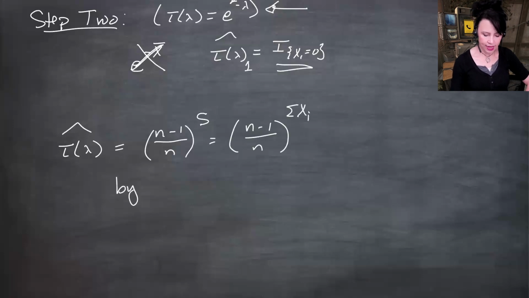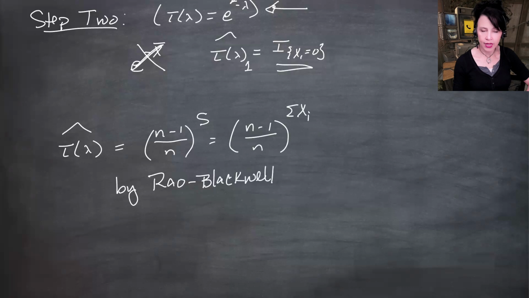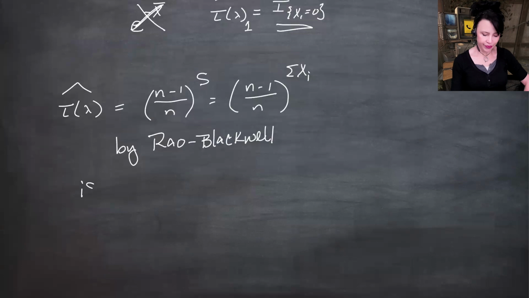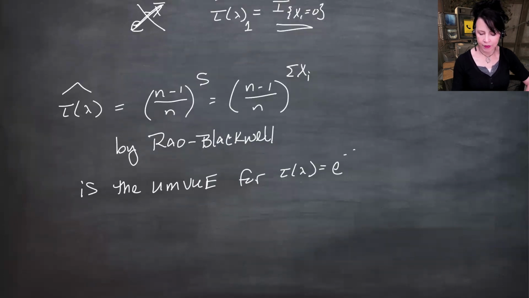And we did this, again, I just want to write this for the record, by the Rao-Blackwell theorem in a previous example. This is a function of the complete and sufficient statistic whose expected value is the thing we're trying to estimate. So this is the UMVUE for tau of lambda defined as e to the minus lambda.